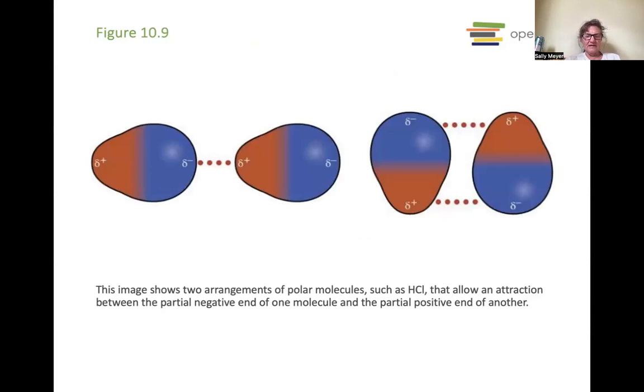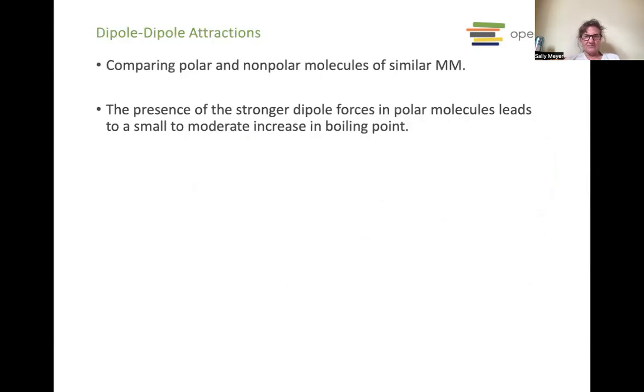So if you look at molecules in a structure where these are permanent dipoles, where one end of the molecule is partially positive and partially negative on the other end, so this would look like HCl, for example, then they're always going to be lined up in such a way that their plus and minus can be attracted to each other. And so those are the forces of a dipole-dipole attraction.